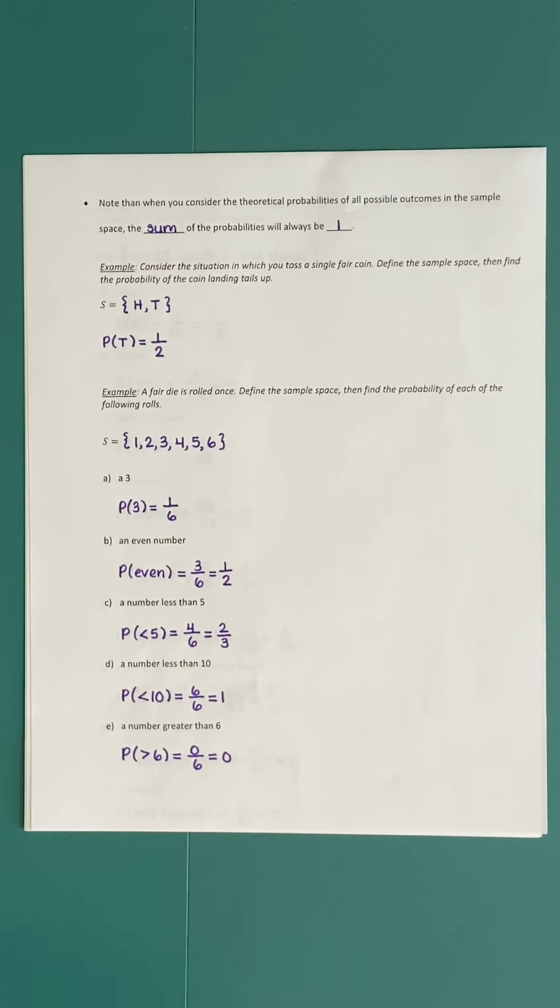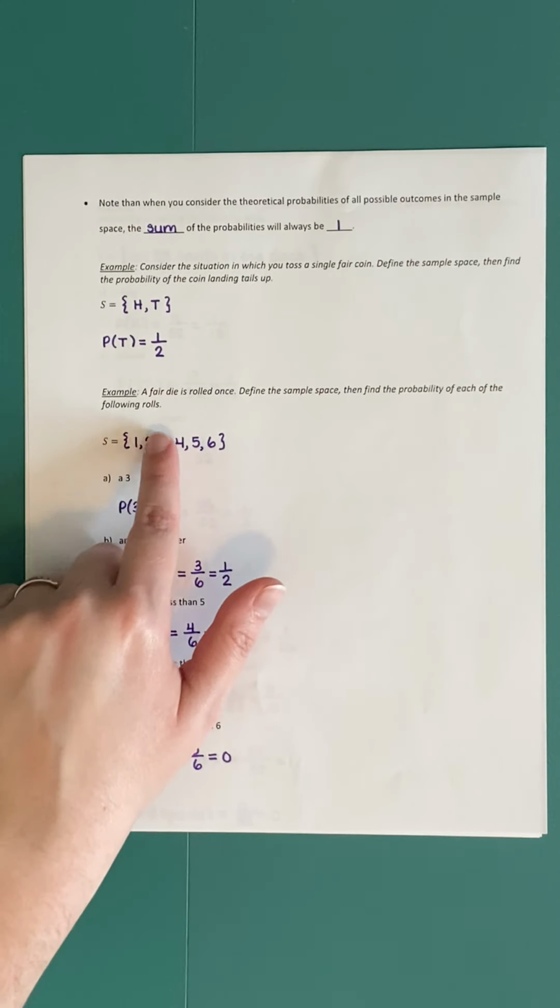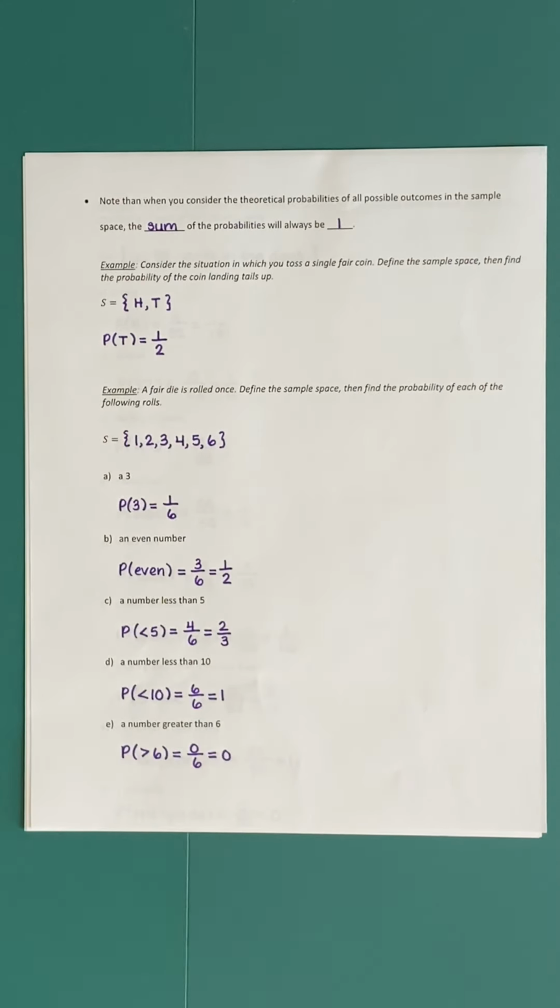There's no way not to roll a number that's less than 10 because all of the possible outcomes represent numbers less than 10. So the probability of that particular event is going to be 1 because it is guaranteed that that event will take place whenever we roll a die.